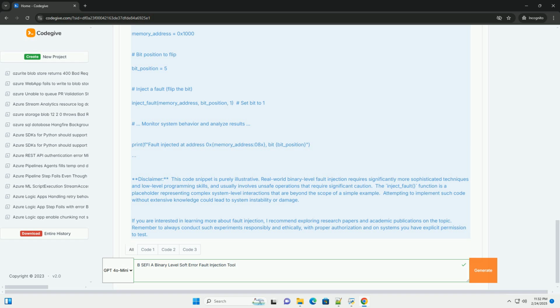Real-world binary-level fault injection requires significantly more sophisticated techniques and low-level programming skills, and usually involves unsafe operations that require significant caution. The inject_fault function is a placeholder representing complex system-level interactions that are beyond the scope of a simple example. Attempting to implement such code without extensive knowledge could lead to system instability or damage.